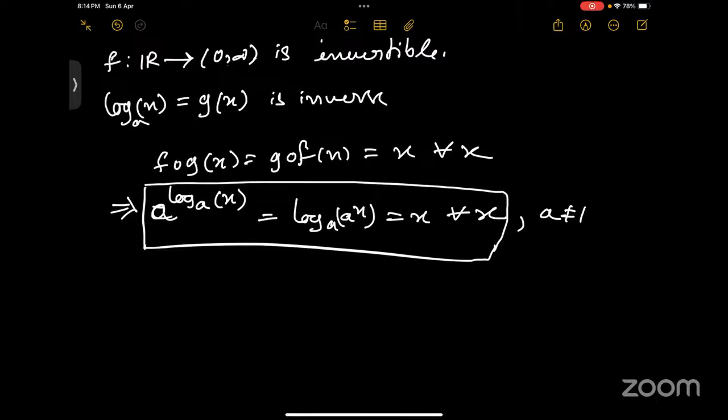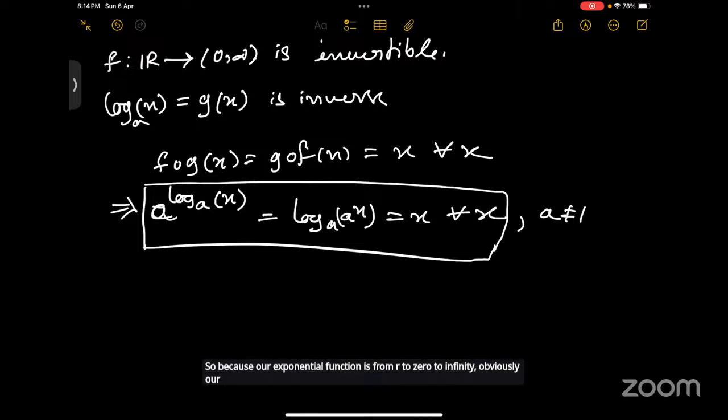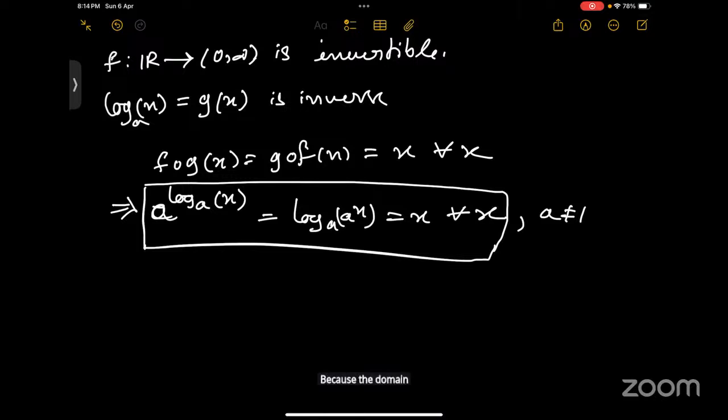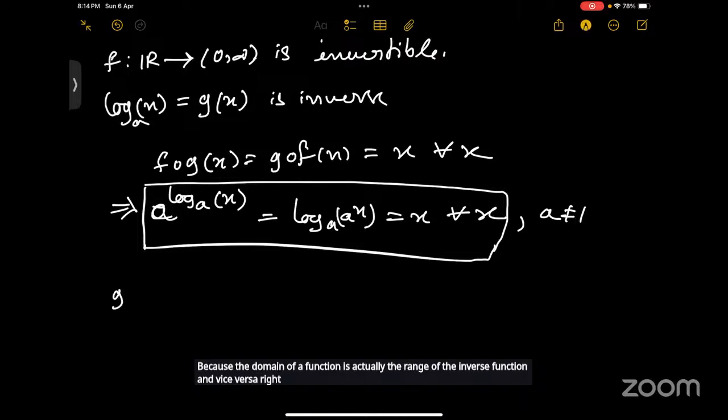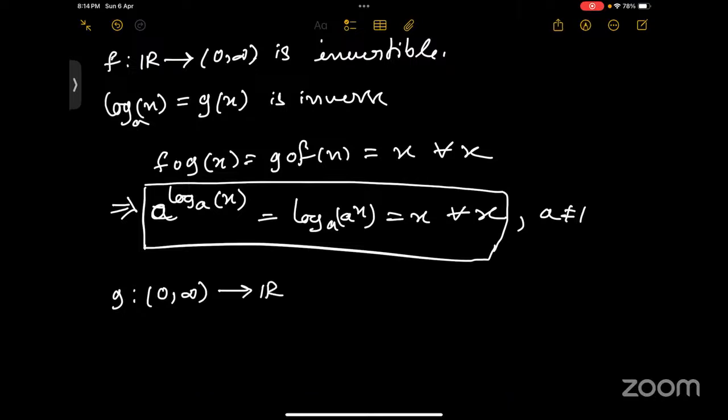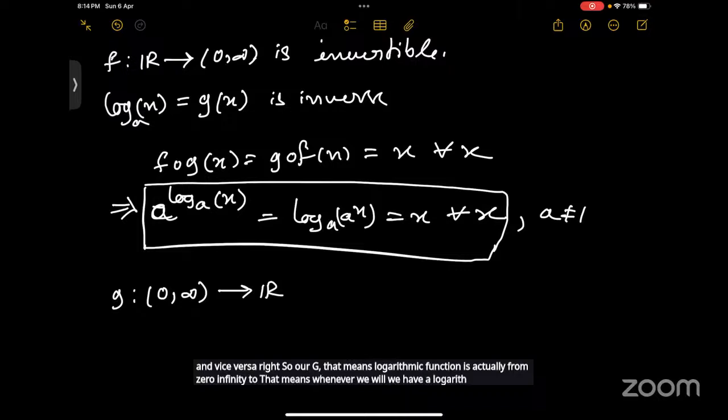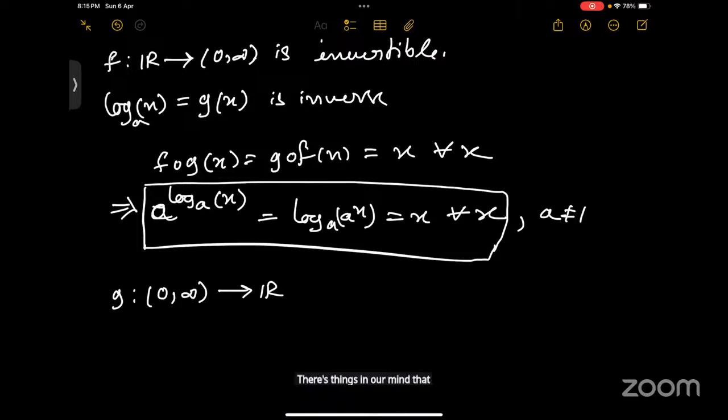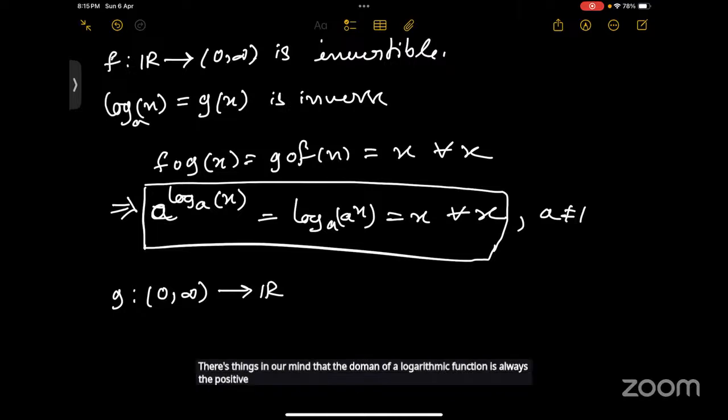Okay. So because our exponential function is from R to 0 to infinity, obviously our logarithmic function will be from 0 to infinity to R, right? Because the domain of a function is actually the range of the inverse function and vice versa, right? So whenever we have a logarithmic function, we have to keep in mind that the domain of a logarithmic function is always the positive reals, okay?